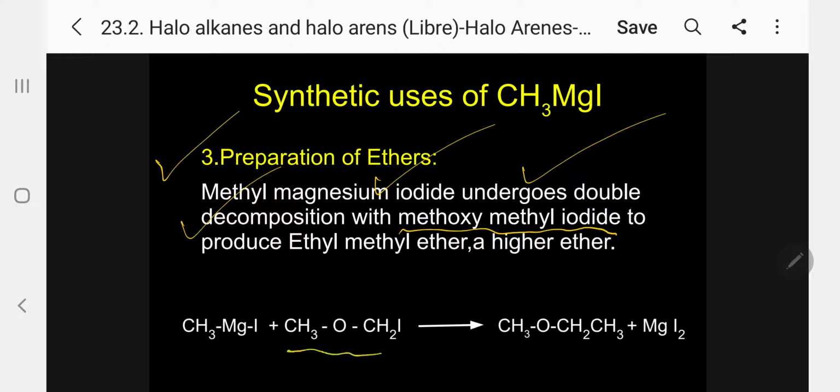This is called methoxymethyl iodide, a common name, meaning one of the hydrogen atoms is substituted by iodine. When you treat with methyl magnesium iodide, double decomposition means the corresponding CH3 is substituted. It produces methoxyethane, the IUPAC name, or ethyl methyl ether, a common name. It's a higher member, so the ether can be prepared.